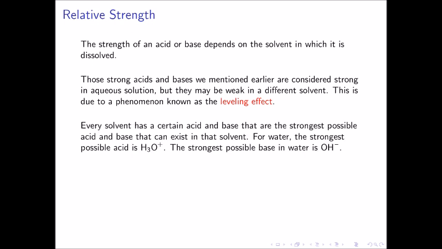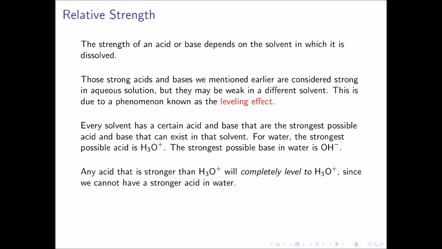Every solvent has a certain acid and base that are the strongest possible acid and base that can exist in that solvent. For water, the strongest possible acid is the hydronium ion. Likewise, the strongest possible base in water is the hydroxide ion. We cannot have any species stronger than those two present in water solution.